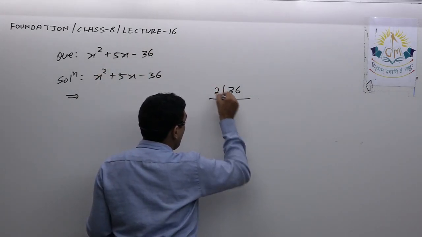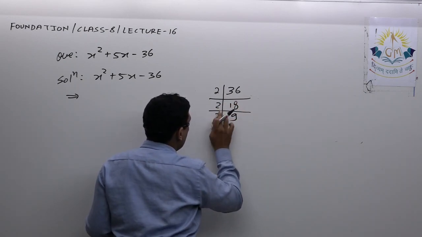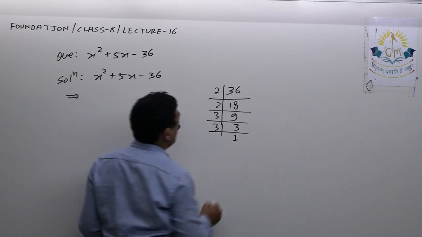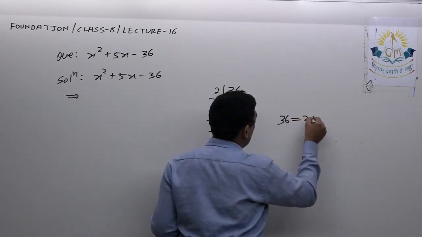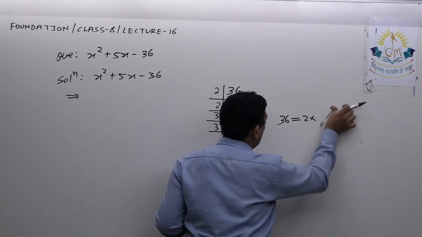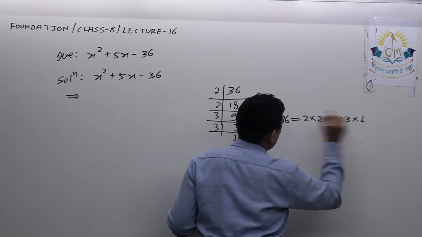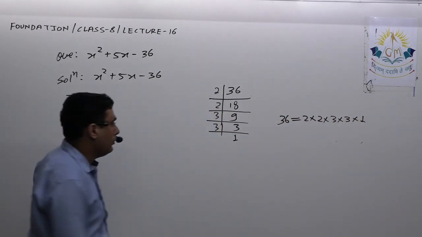So here it will become 18, then 9, then it is divisible by 3. So these are the factors of 36. That means 2 into 2 into 3 into 3 into 1.